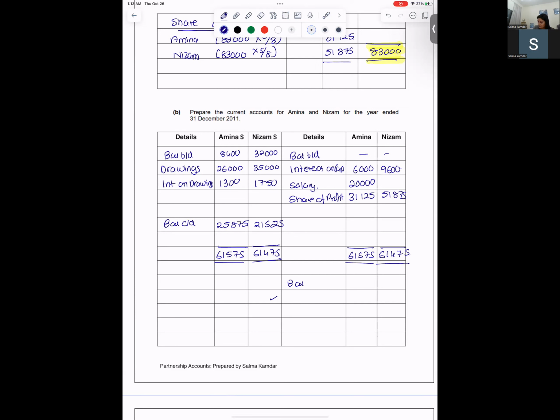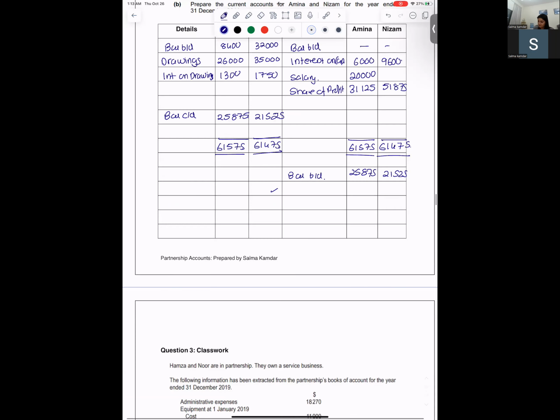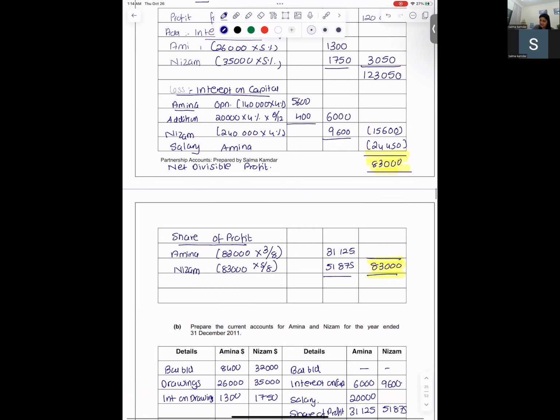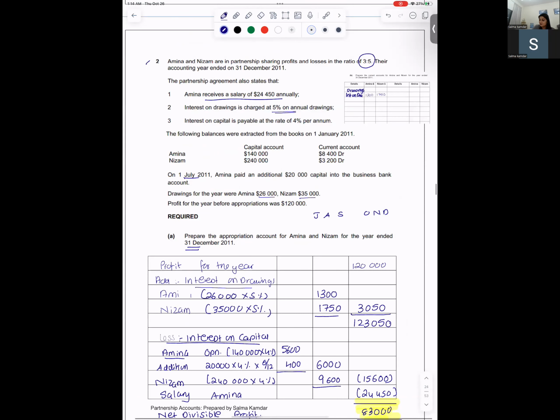Don't forget to bring this balance down, so it will become 25,875 and 21,525. So this was the question for Amina and Nizam, where you had to prepare a profit and loss appropriation account and partners' current account. That's it.